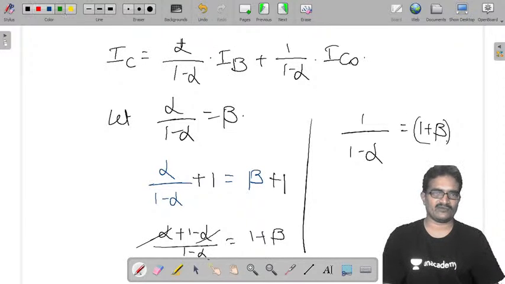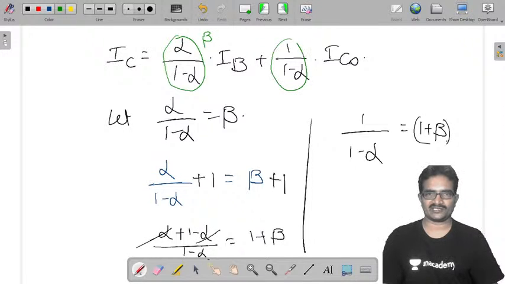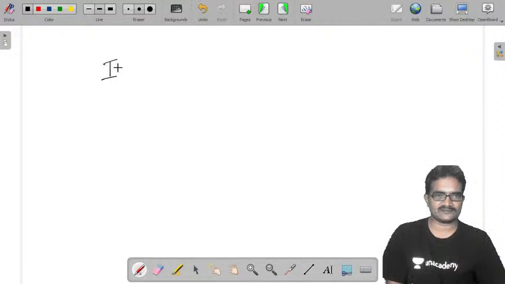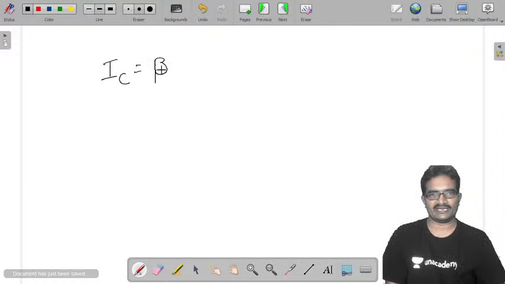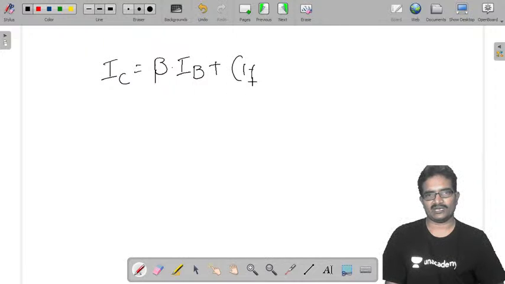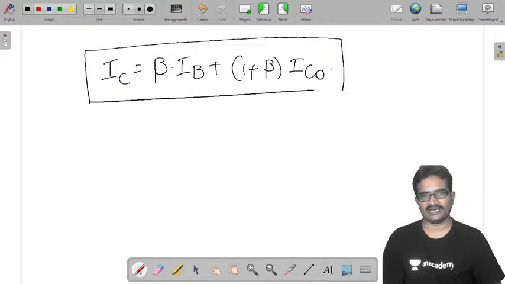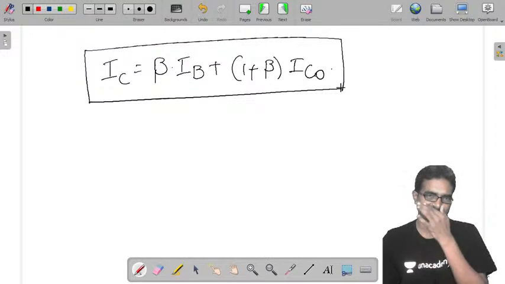So you can replace this one by beta and this one by 1 plus beta. Finally, after replacing all these things, we can write IC is beta into IB plus 1 plus beta into IC naught. This is the transistor output current equation in CE configuration.